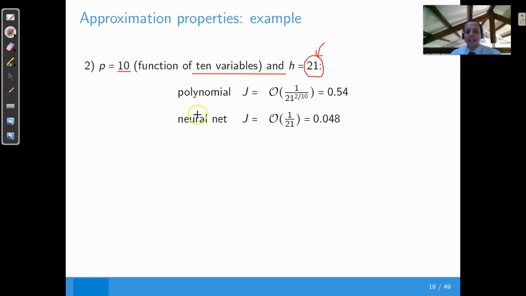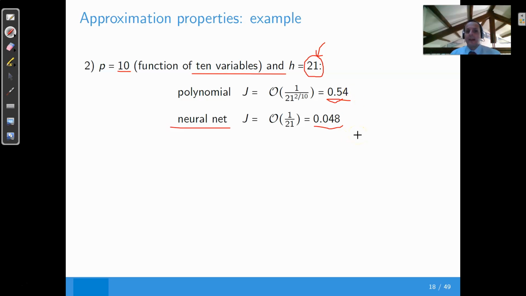You can see here that a polynomial approximation can lead to an error of order 0.5, and a neural network with the same structure, with 21 neurons, can achieve an error one order of magnitude lower than a polynomial.